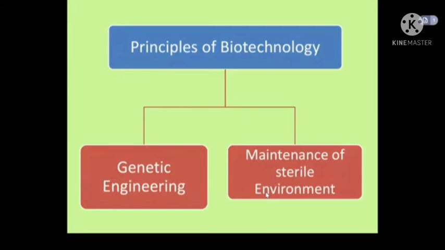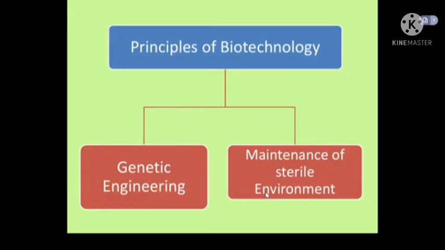So, what are those processes that were taking place in our kitchen? It is nothing but making of bread, curd. All this happens with the help of microorganisms only. Then, in a broader sense, we can say the fermentation process, the making of wine, alcoholic beverages, all these are fermentation.